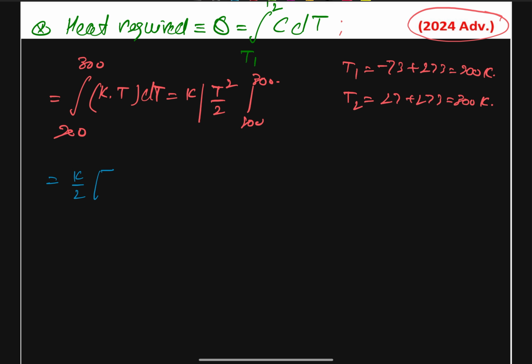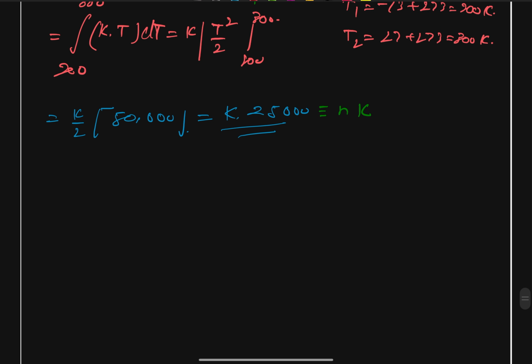This will be 300 square minus 200 square, that will be equal to 9 minus 4, so that will be 50,000, and this will be K times 25,000, and we are given that this is equal to N times K. So we get that the value of N is equal to 25,000.